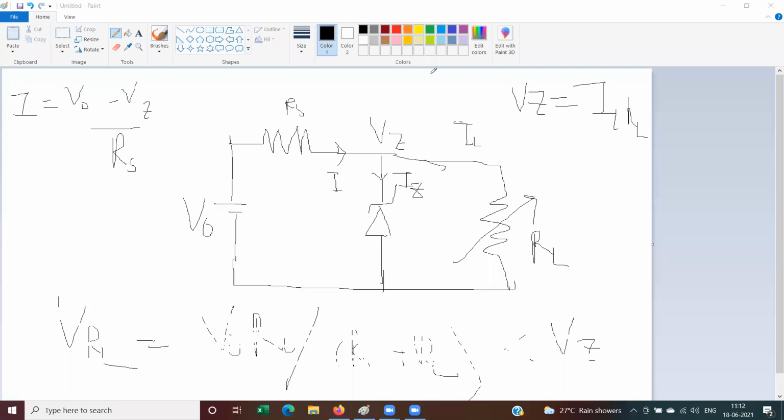One microamp, obviously. 1 meg is 10 to the power 6. Micro is 10 to the minus 6, 1 microamp.